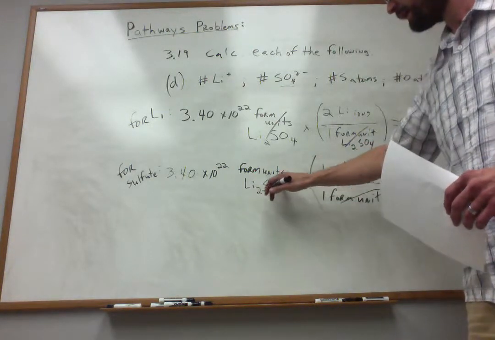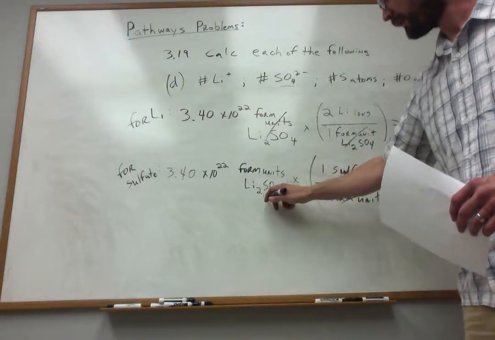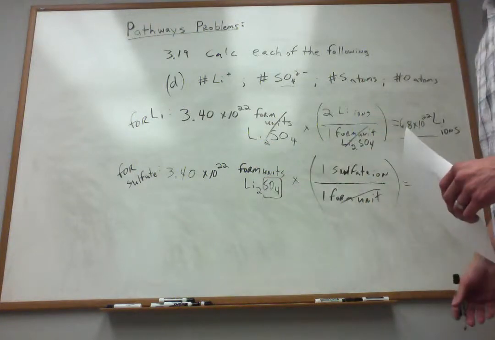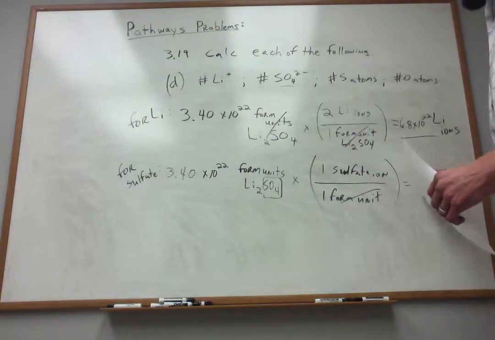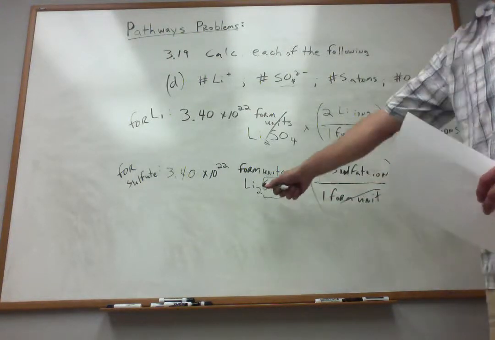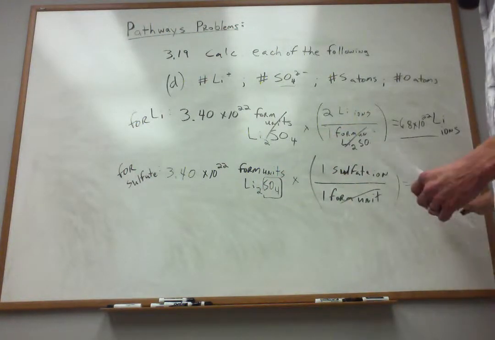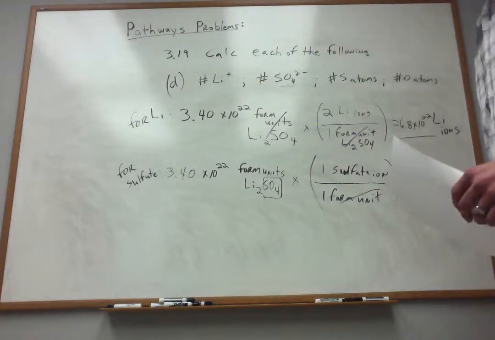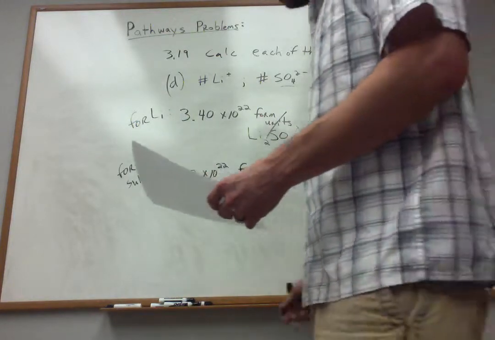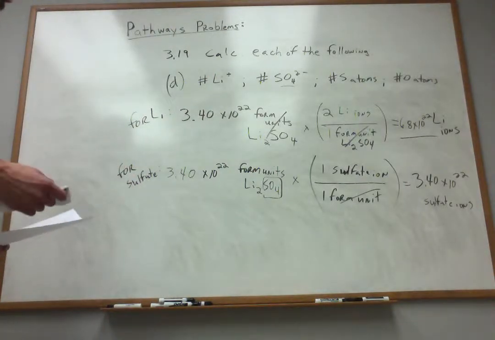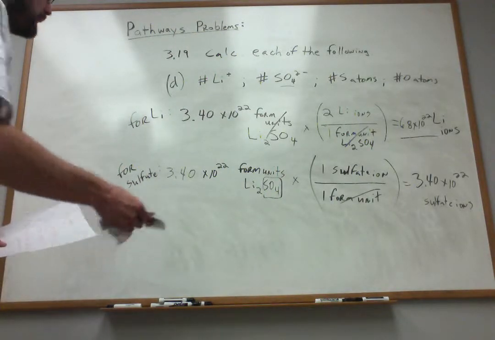Right? 1 copy of this polyatomic ion, remember it's a cluster, it comes together, right? 1 copy of that per 1 formula unit. So as a result, if I've got 3.40 times 10 to the 22nd formula units of lithium sulfate, I've also got that many sulfate ions. Same number, because it's a 1-to-1 ratio. All right? So that helps us with the lithium and the sulfate. Let's move on.